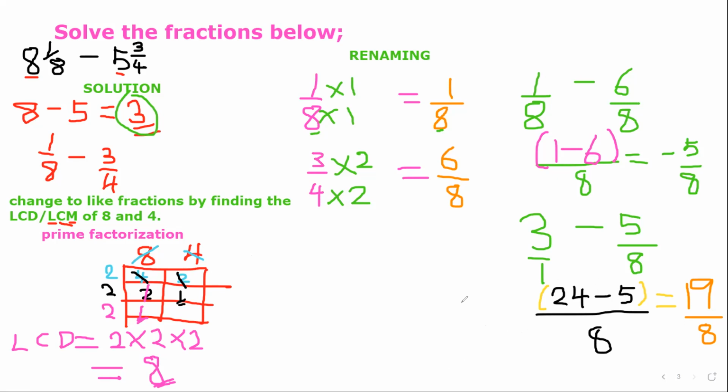So you get your 2 whole number here. Then the denominator will still remain 8. So 8 times 2 will give you what? 16. So when you have 19 minus 16, you get what? 3. So now you have the 3 as a numerator here. So the final answer is 2 whole number 3/8.